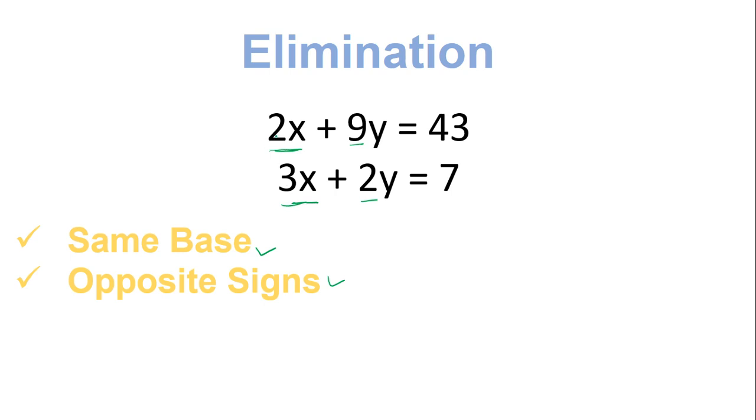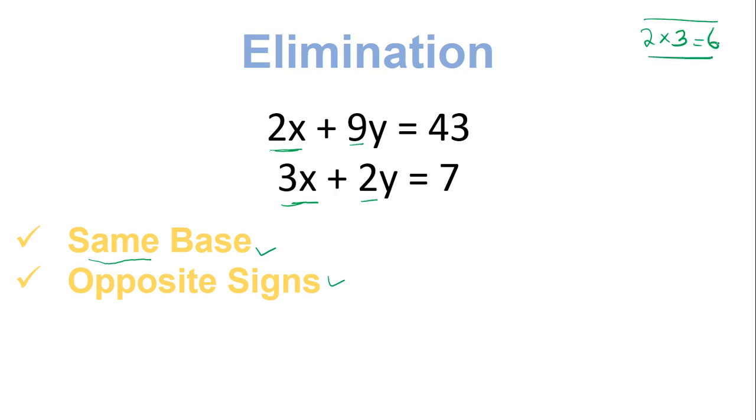So if I check out x, one of the bases is 2 and the other base is 3. What I have to do is turn the bases the same. Now how can I do that? How can a 2 turn into a 3? How can a 3 turn into a 2? That's technically impossible. So what I can do is see what's the most common multiple between the two. So 2 times 3 is 6.